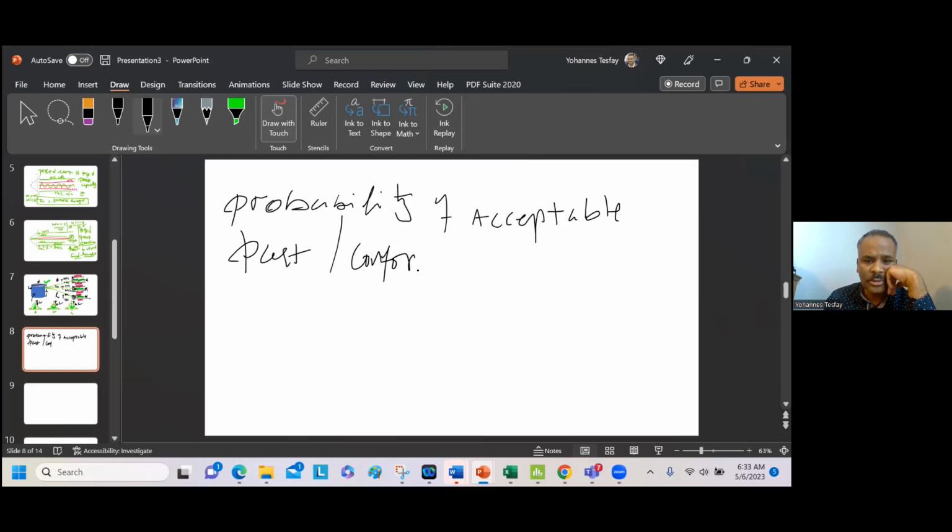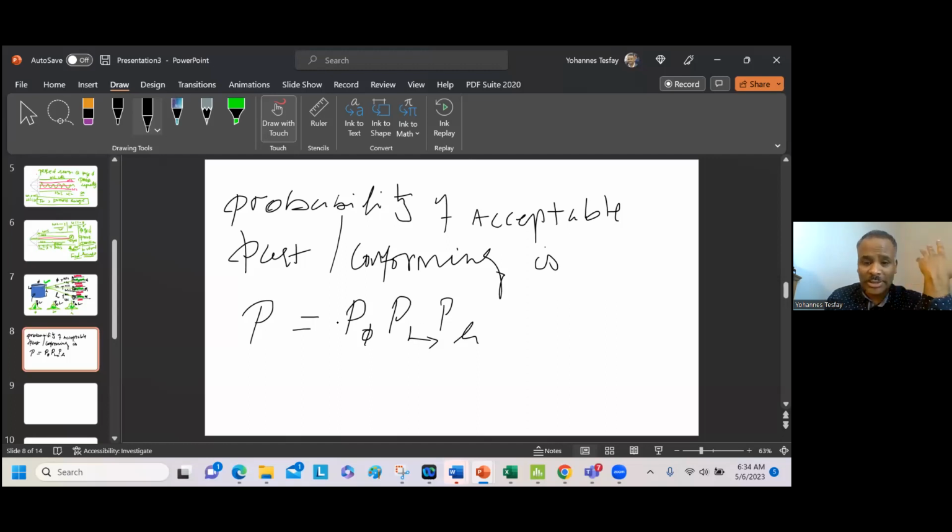The conforming part probability P is equal to the product of P of phi, then P of runout, and P of height, just like that.